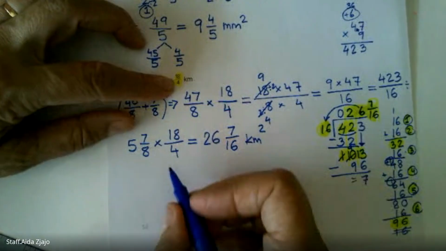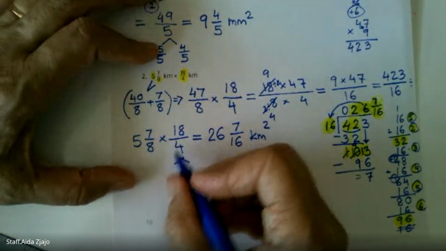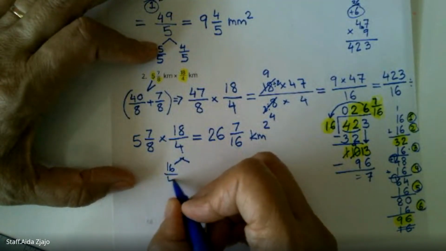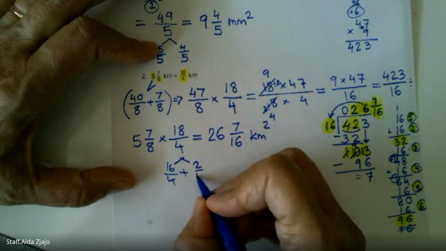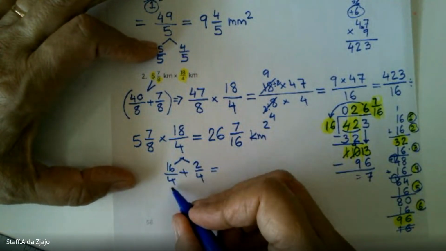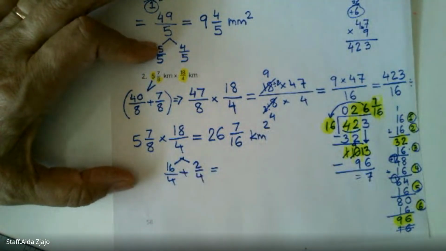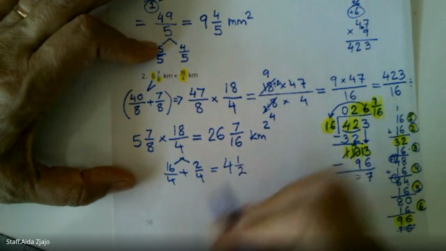So if I have 18 fourths, I can make 16 fourths plus 2 fourths. 16 divided by 4 is 4 wholes, and then 2 fourths is also half.